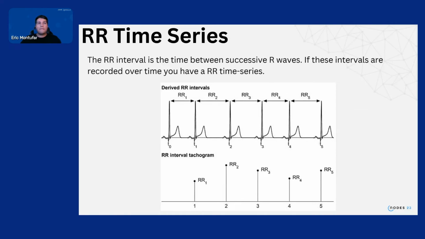One of the most important metrics we get from these time series is the heart rate variability. That means how much these values change between themselves in a period of time.